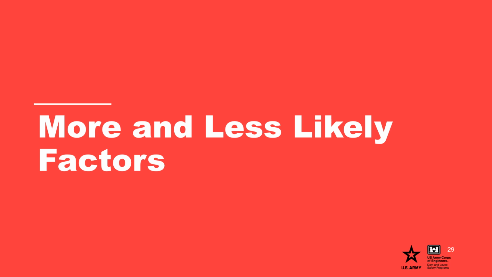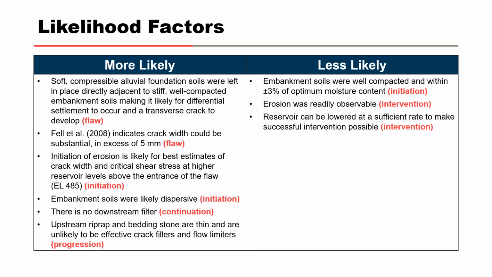When evaluating a potential failure mode, it is often helpful to think of more and less likely factors for each node. As shown by the tables on this slide, the more likely factors significantly outweigh the less likely factors. Soft, compressible alluvial foundation soils were left in place directly adjacent to stiff, well-compacted embankment soils, making it likely for differential settlement to occur and a transverse crack to develop.